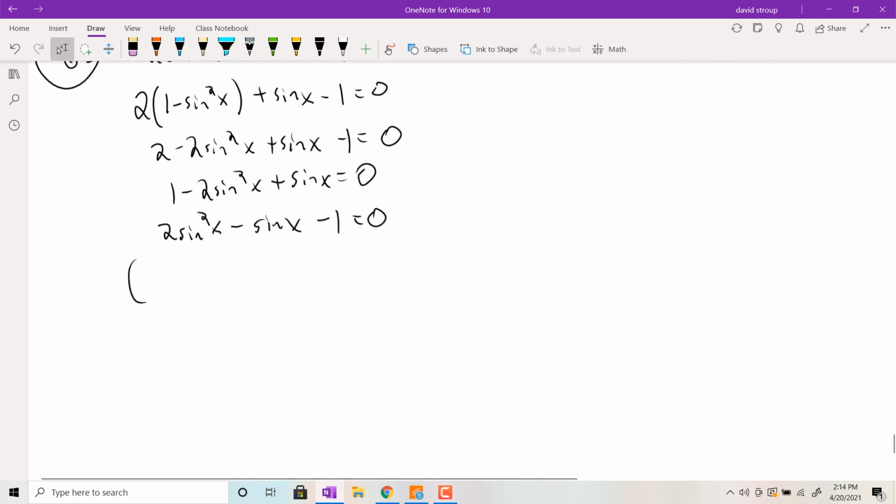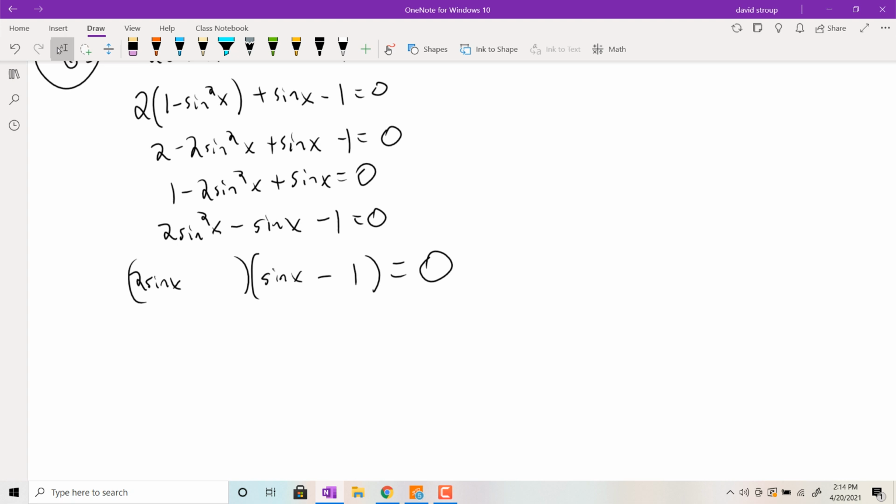So you factor it. So I have 2 sine x, over here sine x. I need the bigger guy to be negative. Okay. Then you set each part equal to 0 and solve. And again, it's in the interval from 0 to 2 pi.